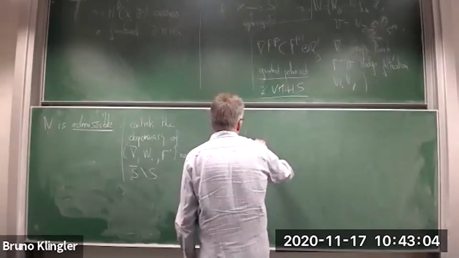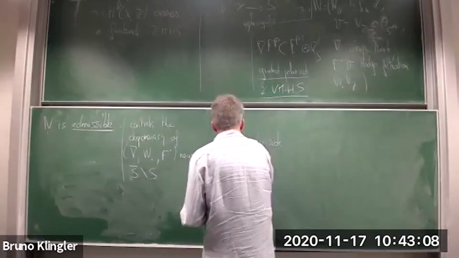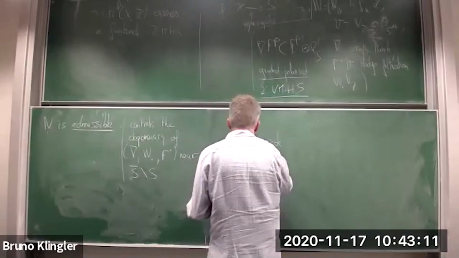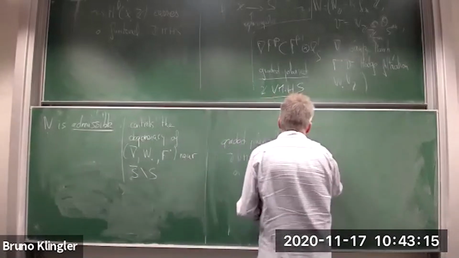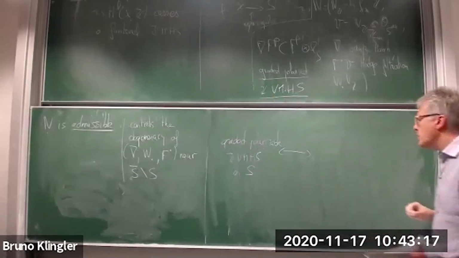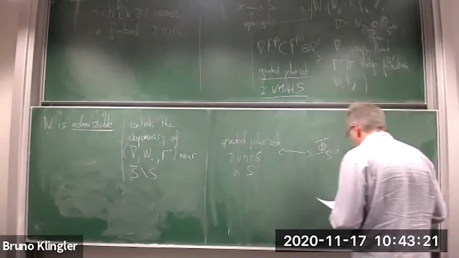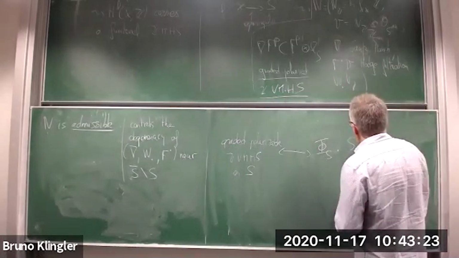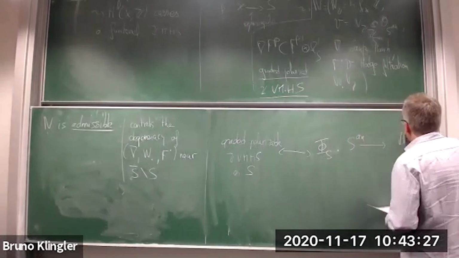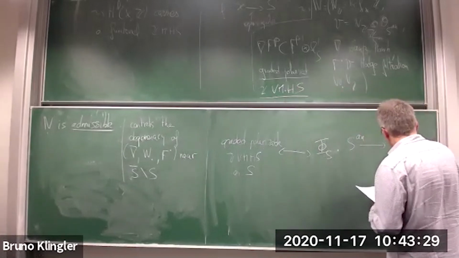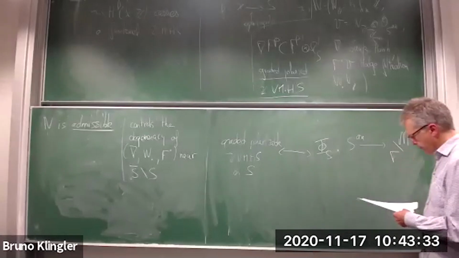So a very polarizable Z variation of mixed Hodge structure on S is the same thing as giving yourself a period map. So what is a period map? This is a holomorphic map, so in the complex analytic category, to some classifying space of mixed Hodge structures. Let's call it M over Gamma.